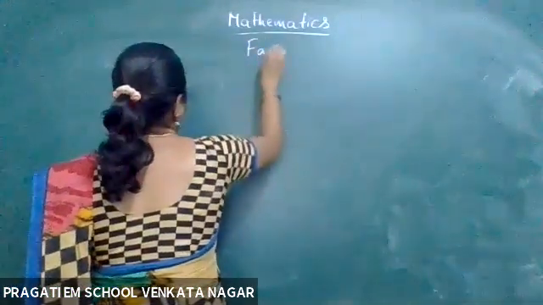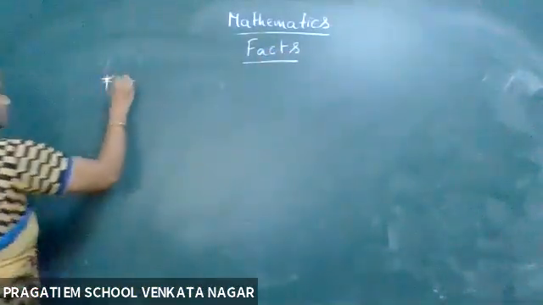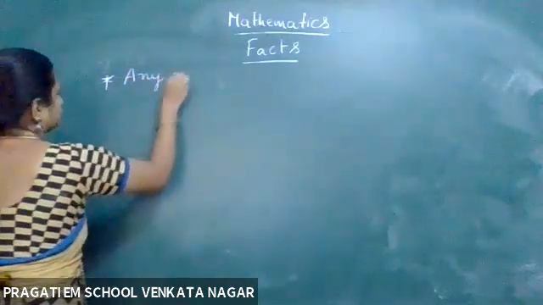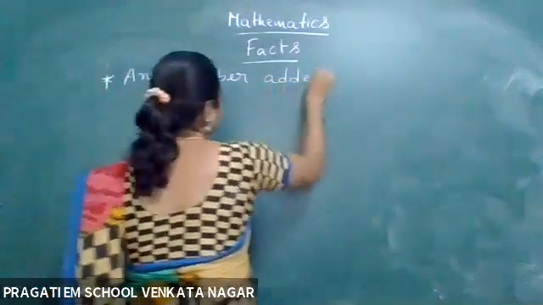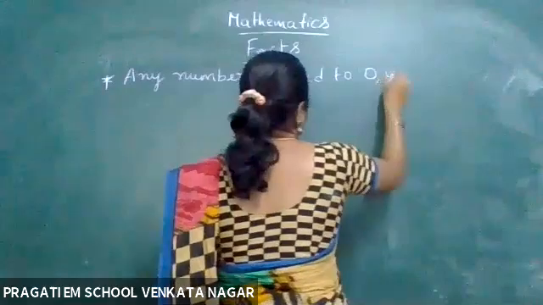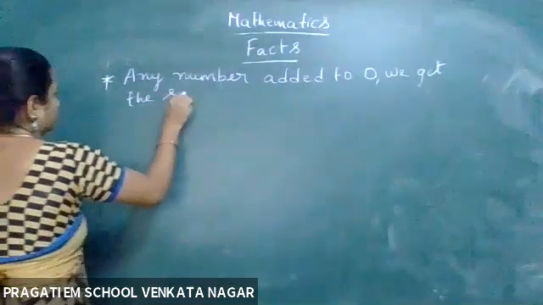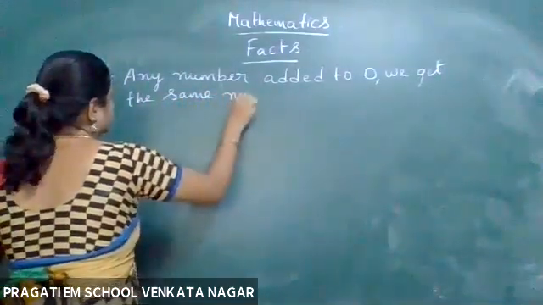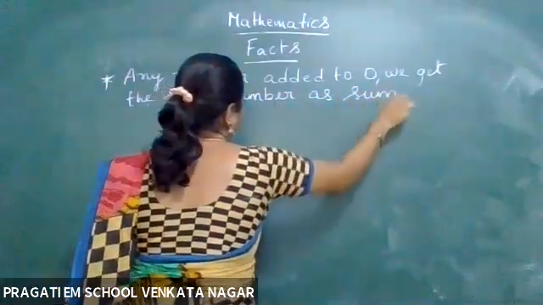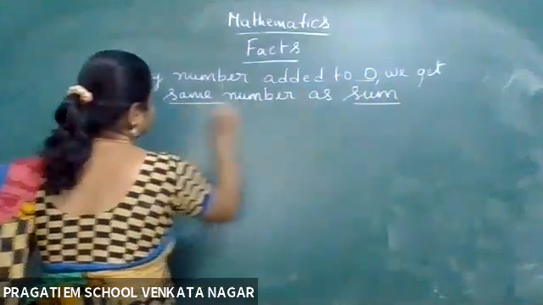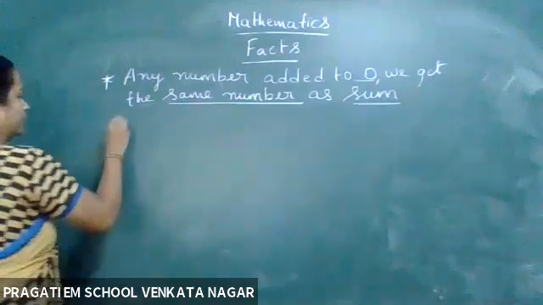Now write down, children, some general facts I'm going to tell you. Any number added to 0, we get the same number as sum.